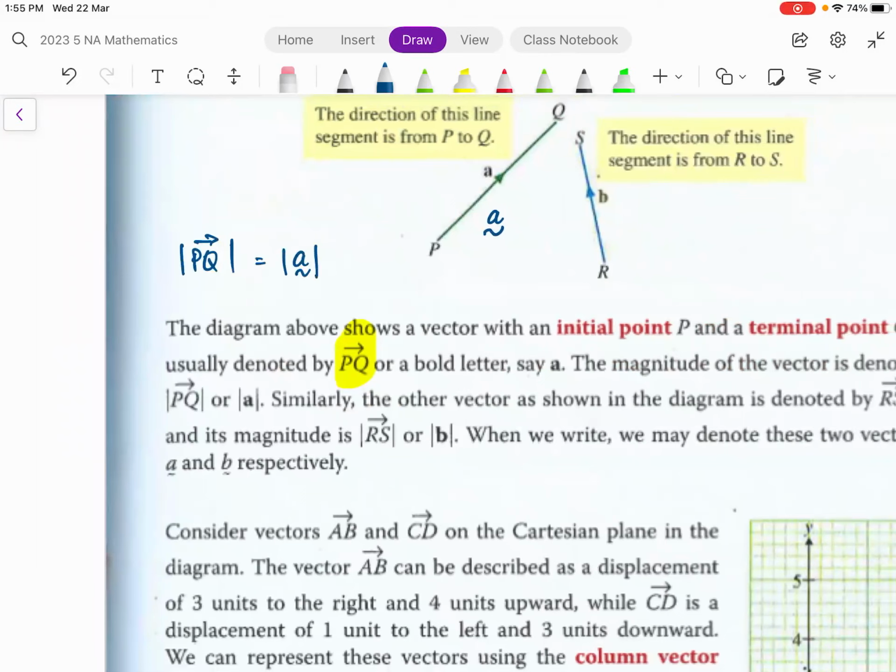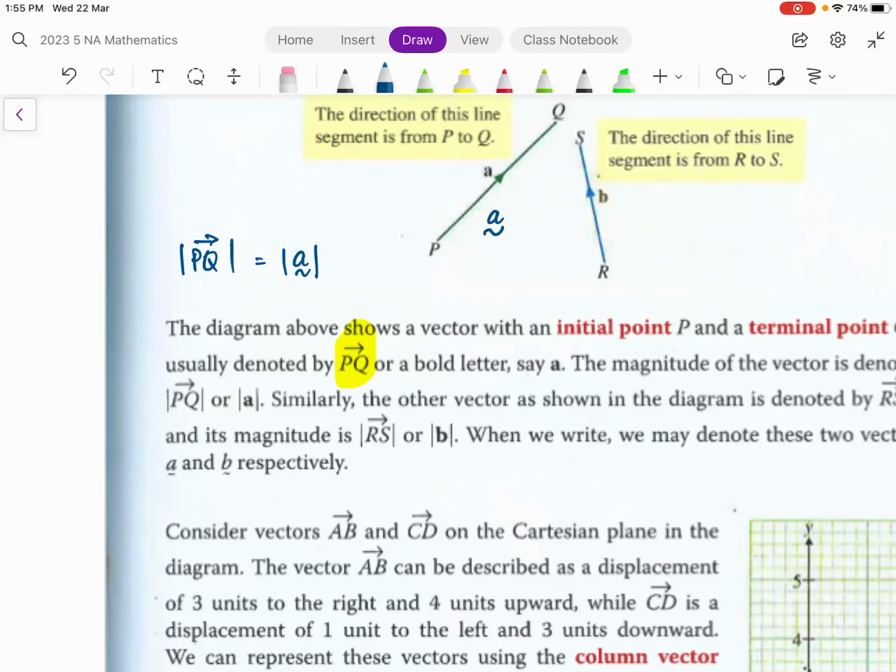These two are the same thing, when I write it. These two vertical lines refer to magnitude. So what I have here is called the magnitude of PQ, which is of course equal to the magnitude of vector a, because they are the same vector. So the magnitudes must be the same.